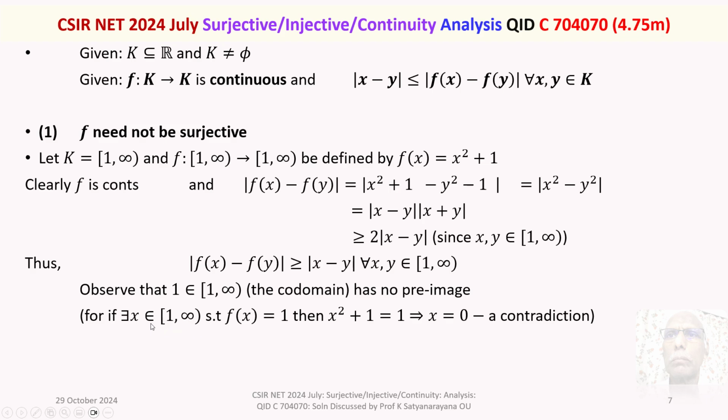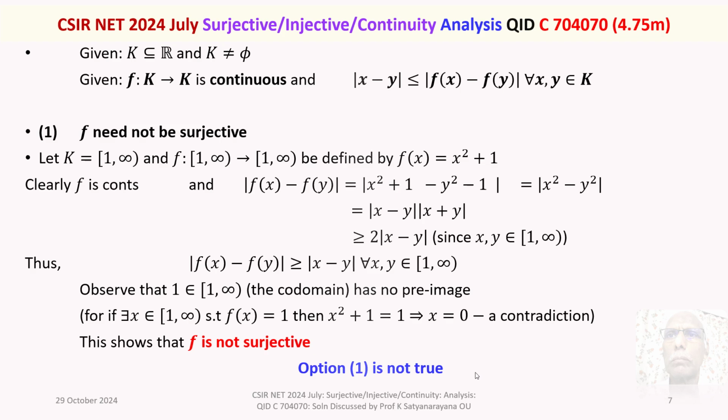No. So that means if at all this happens, x must be 0. But 0 does not belong to the semi-closed interval 1 to infinity. We get a contradiction. So this contradiction shows it has no pre-image. Thus, it is not onto, that is, not surjective. So option 1 is true. Right.